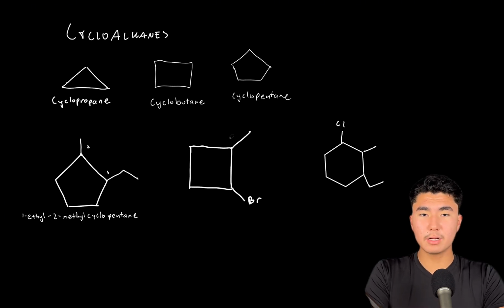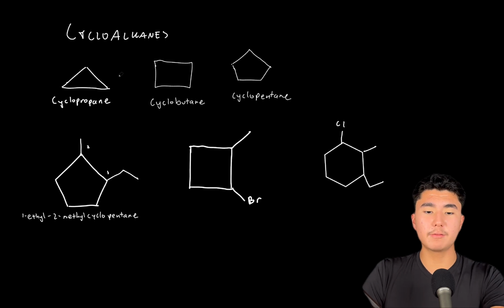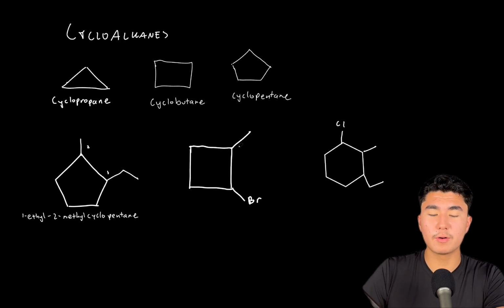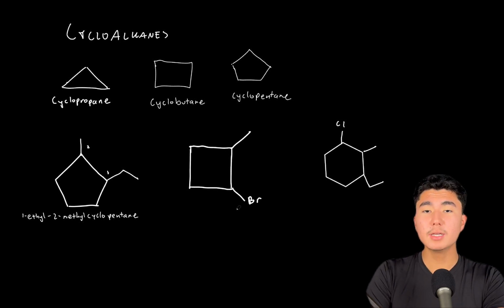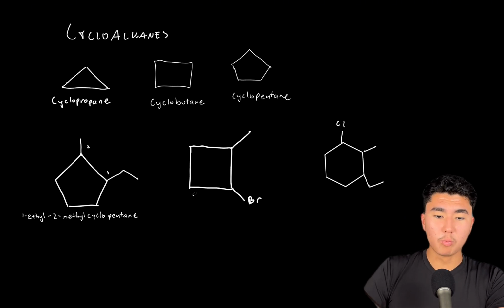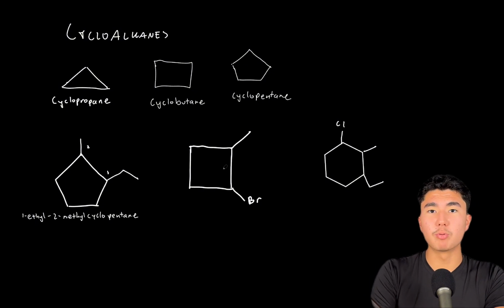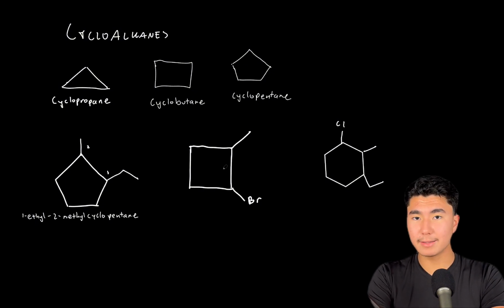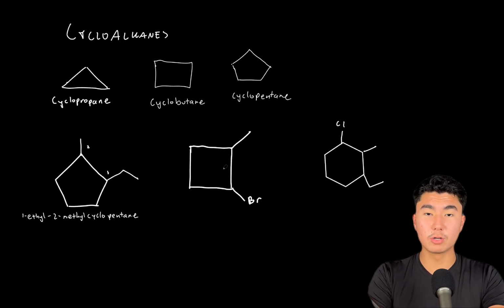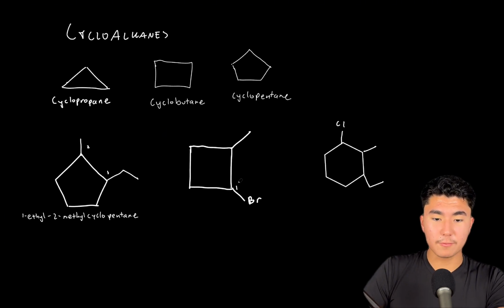So let's look at this guy over here, and I want you to identify if we should start from this bromine and then count to the methyl, or from the methyl and count to the bromine. Now, if you said that we start with the bromine, then you're correct because that B in bromine comes before the M in methyl. We're going to abbreviate it as bromo because when you're looking at those halogens, you have to abbreviate it to fluoro, bromo, and so forth. So this is going to be our first carbon.